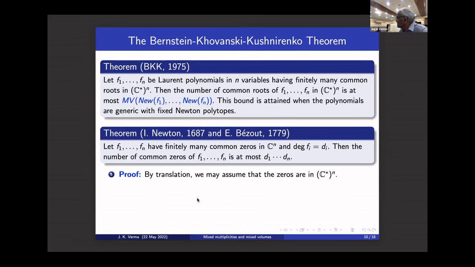So there is no loss of generality. The assumption is that they have finitely many common roots, with no common components between the various F_i. Then this number of roots is at most the product of the degrees, if you count with multiplicity.